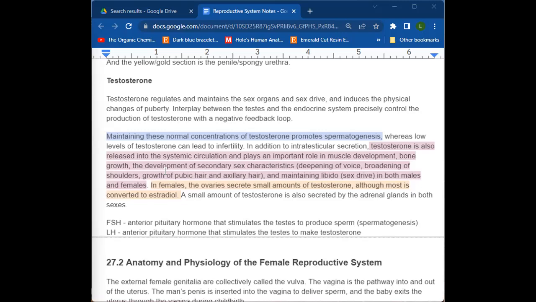It helps with the development of secondary sex characteristics, such as the deepening of the voice, broadening of shoulders, growth of pubic hair and axillary hair, and also maintaining libido, or in other words, the sex drive in both males and females. Females actually do make very small amounts of testosterone, but most of it is converted into estrogen.